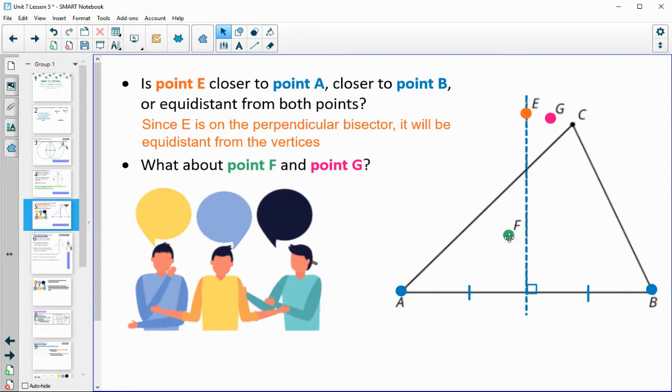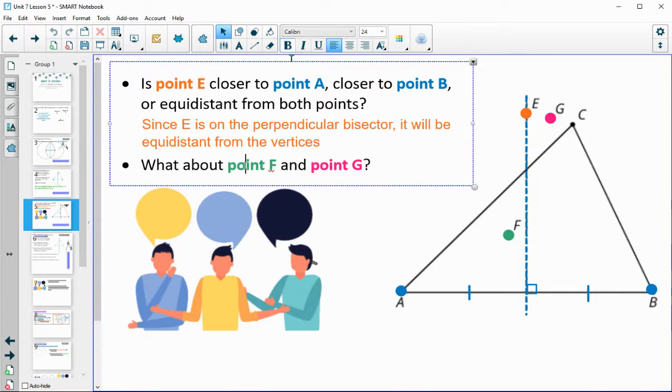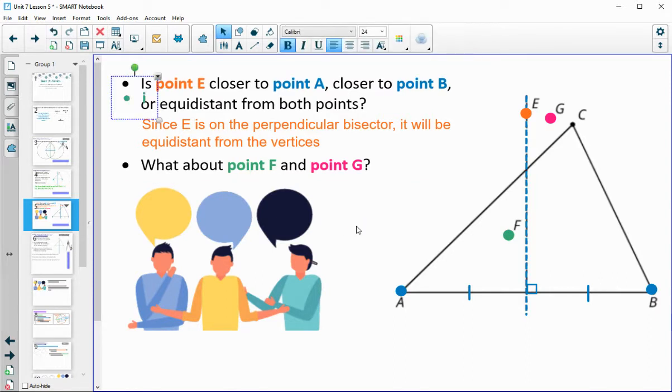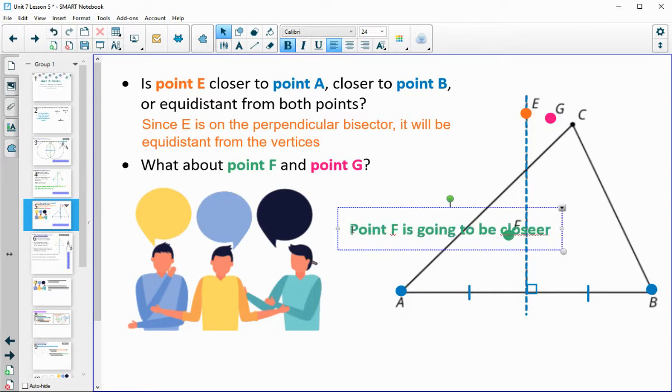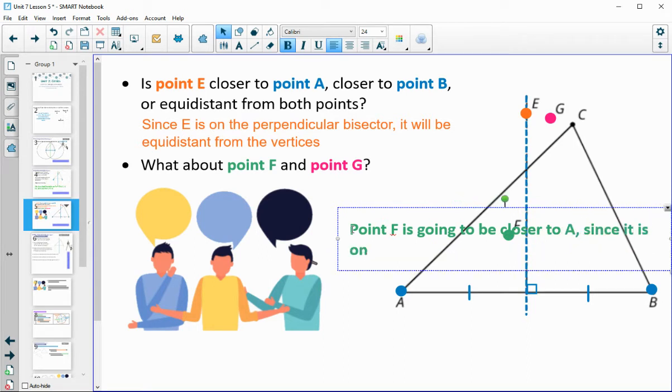And then what about point F? And what about point G? F would be closer to A because it is on the A side of the perpendicular bisector.